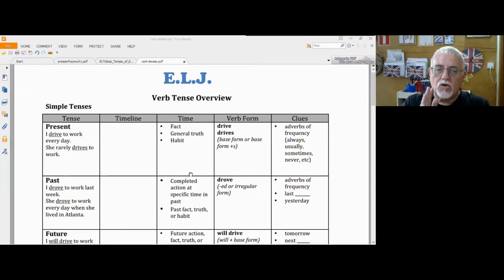We can also use it for what we call the present simple timetable. When we're talking about schedules and timetables, we can use things like the plane for New York takes off or departs at 7 o'clock. It arrives at.